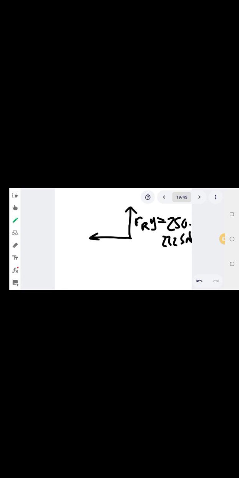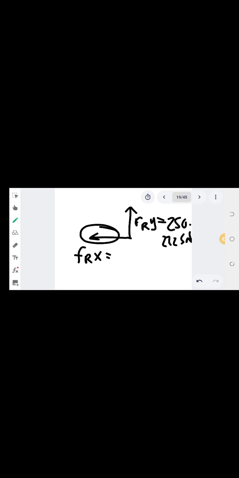Then my FRX was equal to negative 20, but since it is pointing in the negative direction, I've already said that if it is pointing in the negative direction, you must point the arrow, like I have pointed here, in the negative direction.